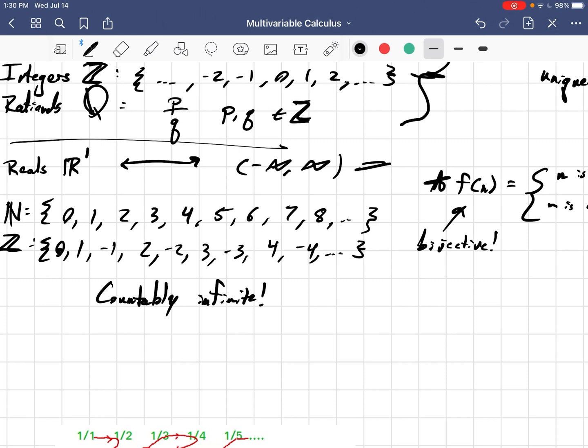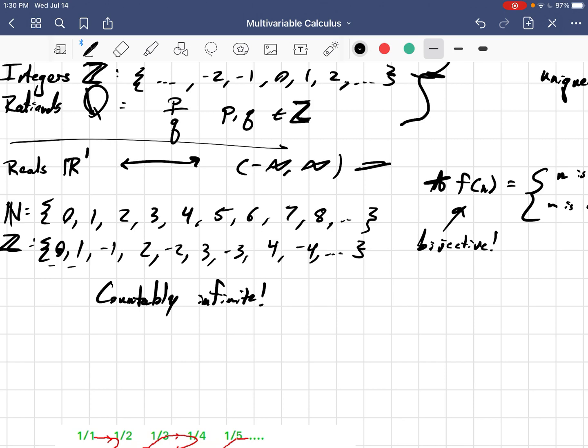Now, it would take an infinite amount of time to count all of the infinite amount of integers, because there's infinitely many, but we've devised a method such that if we were given an infinite amount of time, it would be guaranteed that we would not miss a single integer, right?